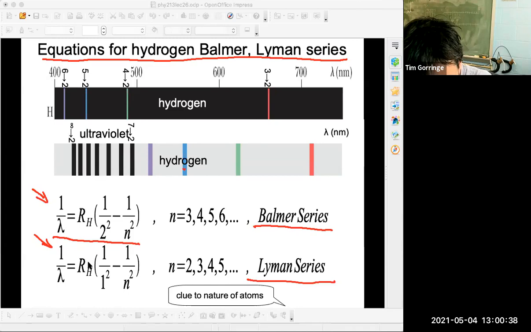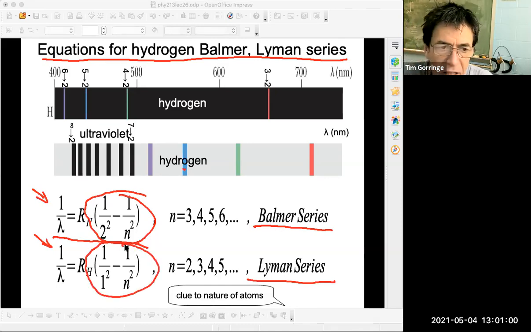When we jump over to the right-hand side of the equation, we see this symbol R subscript H. That's called the Rydberg constant, and it's just a number that has units of inverse meters, and we'll talk about that number in a moment. And then you see a piece here and a piece here that really determines the pattern of lines in the Balmer series or in the Lyman series.